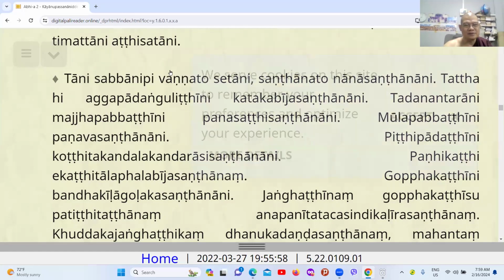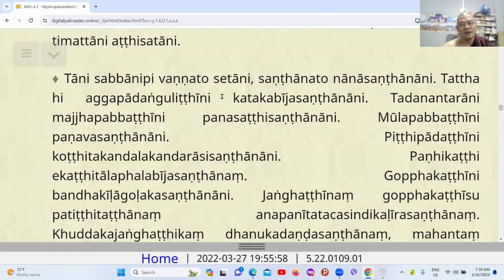It is also important to know the colors of these 32 parts of the body, then we can contemplate them as color kasina. If we see the white color, there you can establish appana jhana.